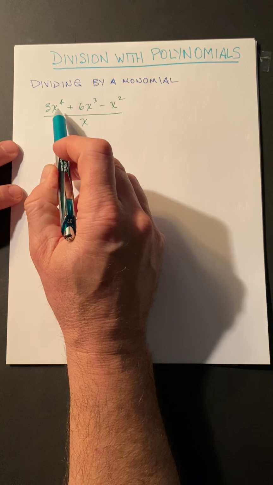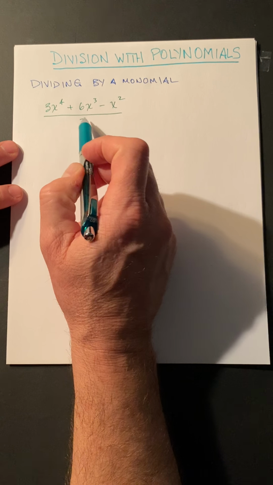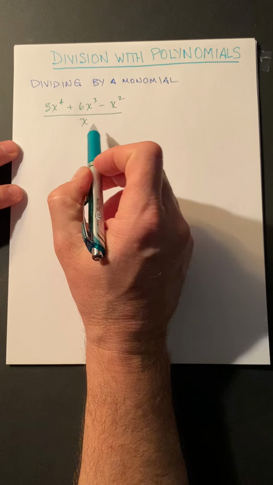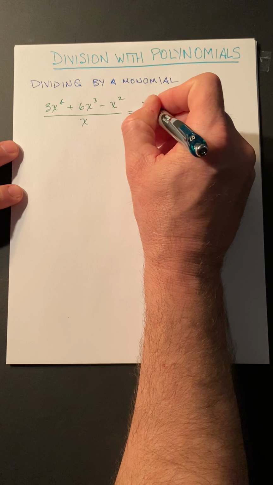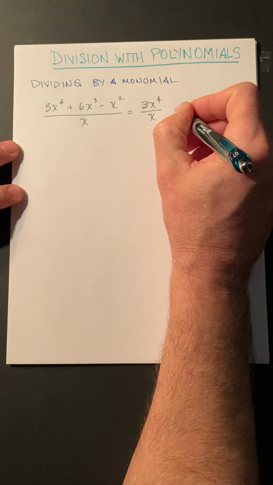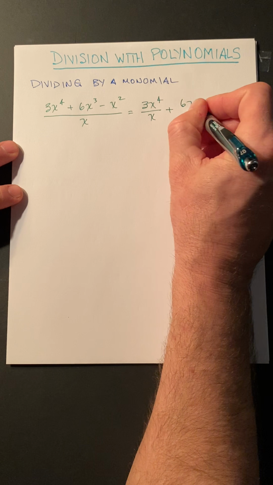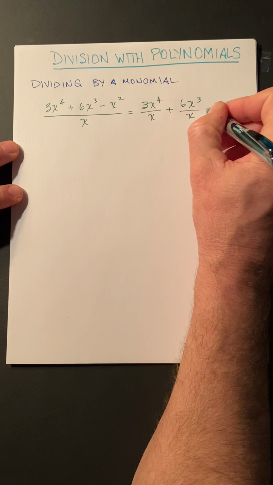So when we have this rational expression, an expression of polynomials that's a fraction, we can take this particular problem and we can simplify it into three different problems that make it much, much easier to solve.